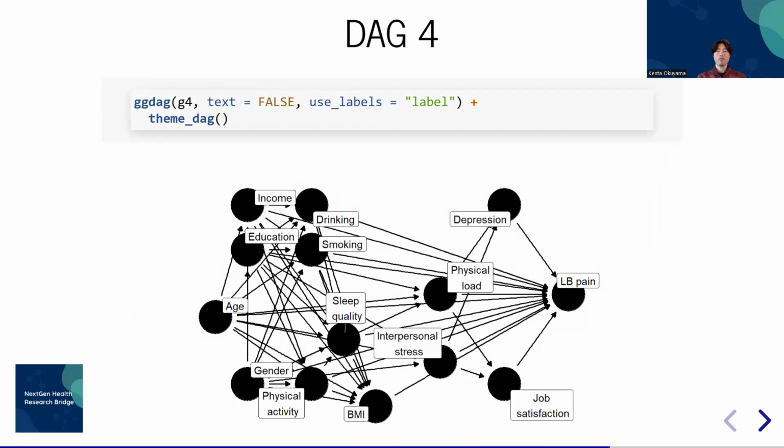For example, by looking at this DAGs that we created, we may not want to adjust for depression and job satisfaction because they are rather seemingly mediators that lie on the causal pathway between physical load at work and low back pain. And interpersonal stress at work, which is something that the researchers were interested in investigating as an effect modification.